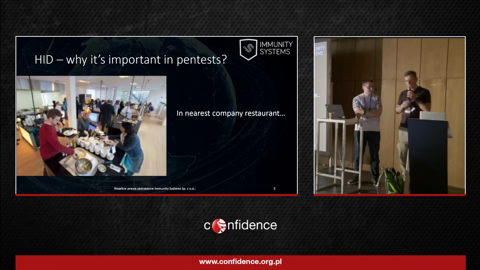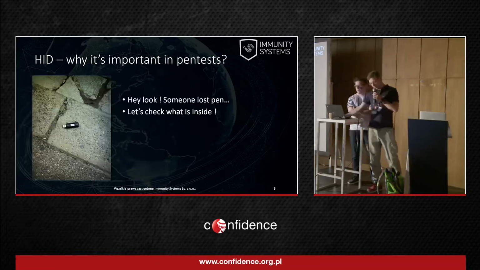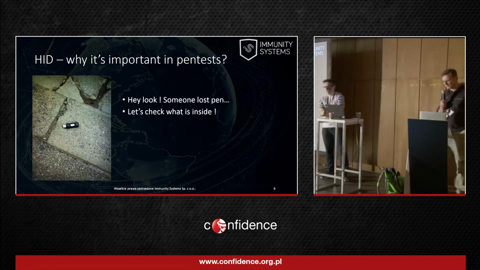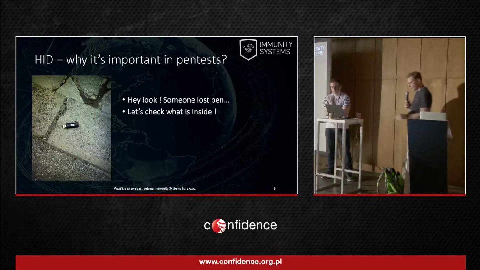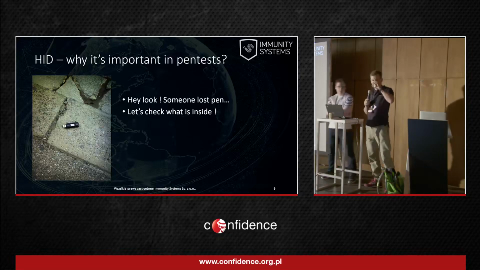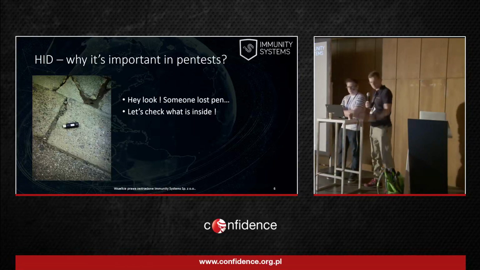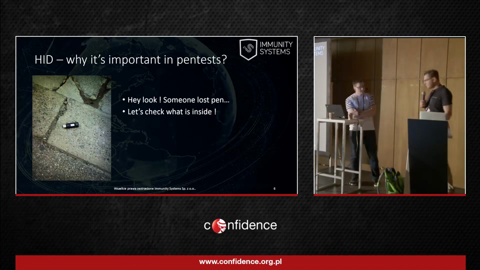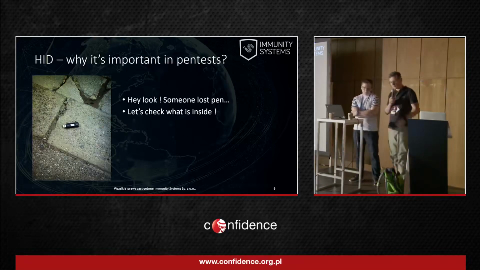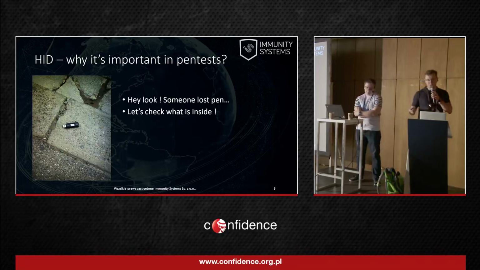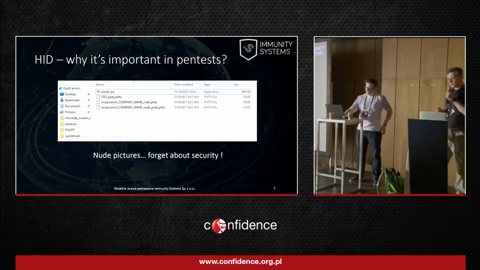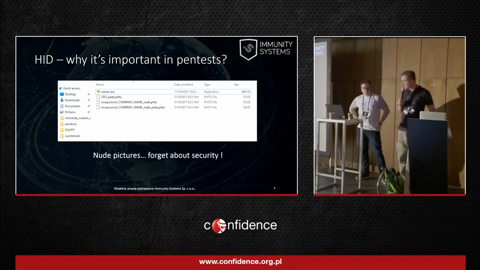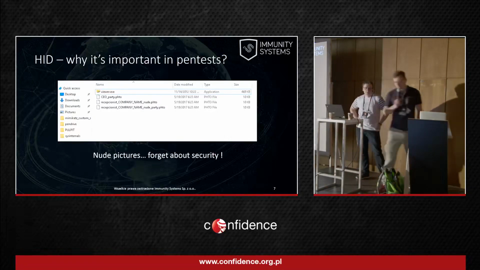like that. So imagine that you are going to the restaurant where you eat every dinner when you are at work, and you found something like this behind the entrance of your company. So you pick up this device and you want to check what is inside. For example, some nude photos from last party.